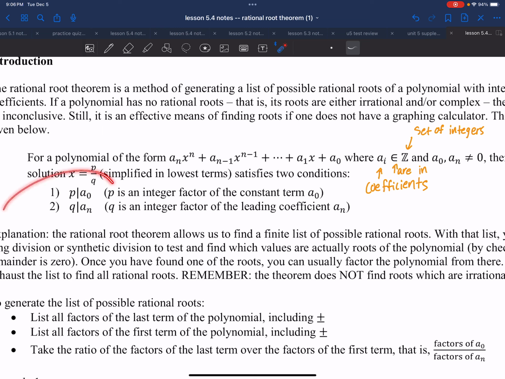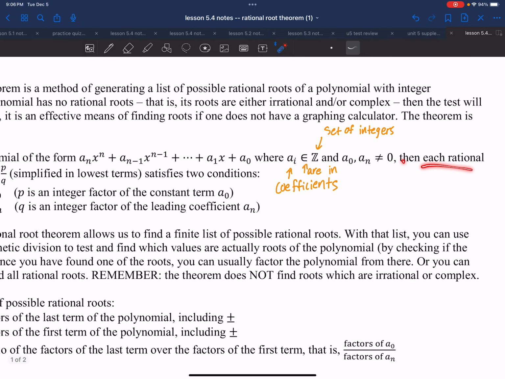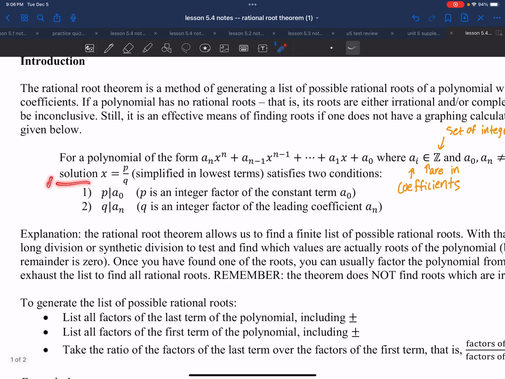So that's kind of what this piece says down here. It says each rational solution, or in other words, rational root, which we could call x, is the quotient of p over q. And this is a simplified fraction, so if you had like 3 over 6, we just write that as 1/2.